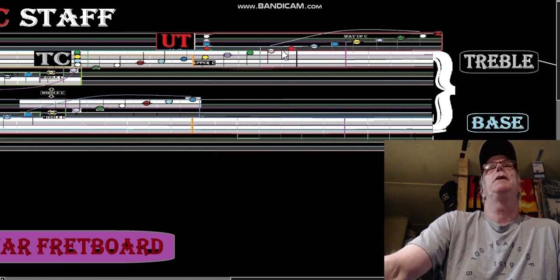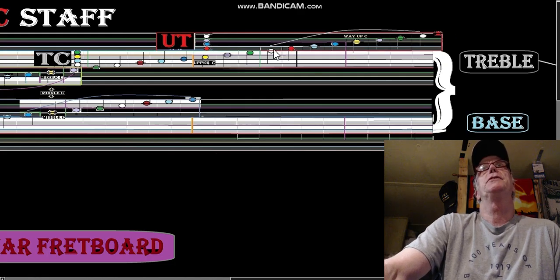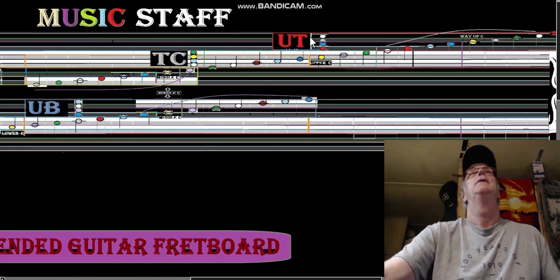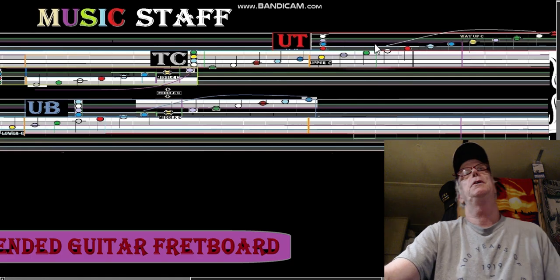So let's say we wanted to divide it up into 10 notes. This would be a great place to start. We could just add notes to the top, or 12 notes. We could add notes up here, but it would be a problem with the treble clef. How are we going to, and then we'd have overlap there. We'd have overlap if we had too many notes.